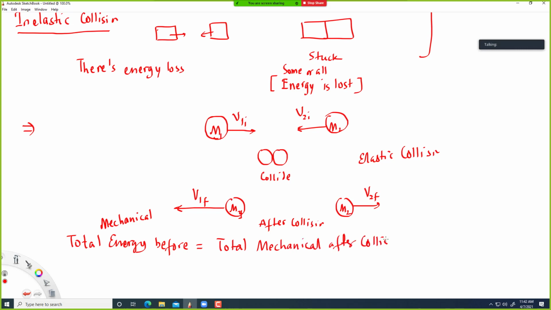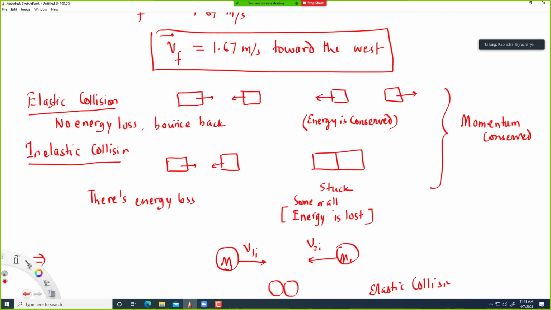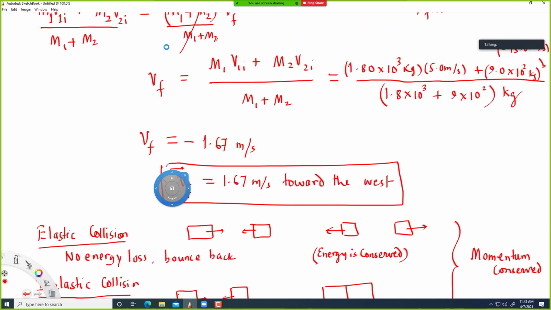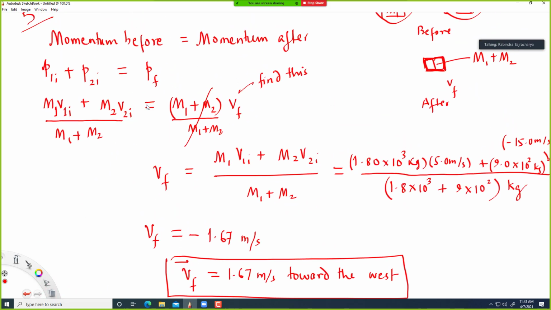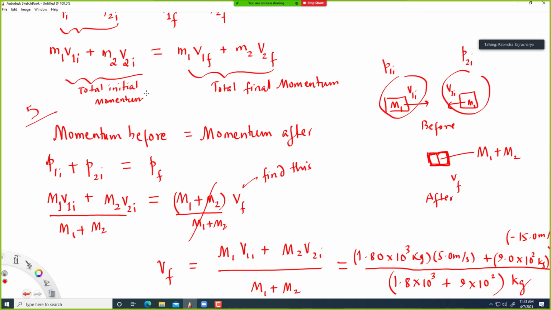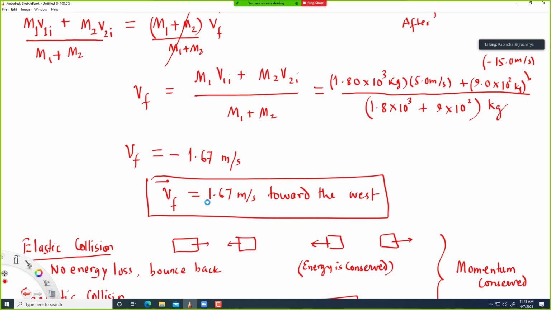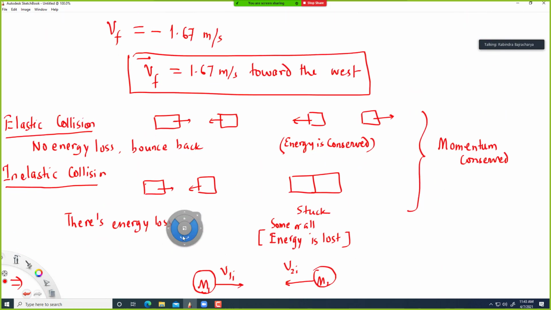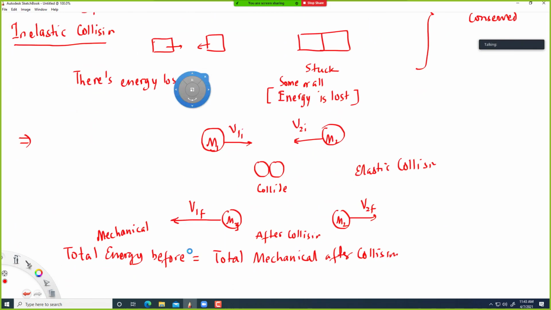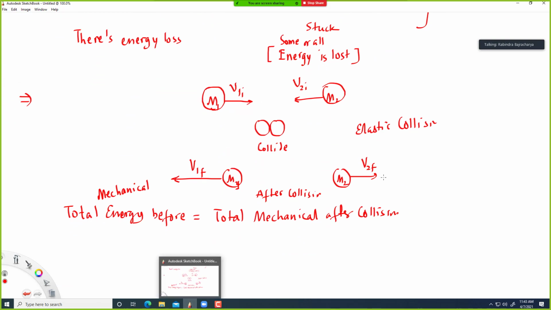So I would like you to write or give me an expression like this one for this conservation law. Just like here, I wrote this expression for conservation of momentum. I want you to write a similar kind of expression for this law. It's conservation of mechanical energy.